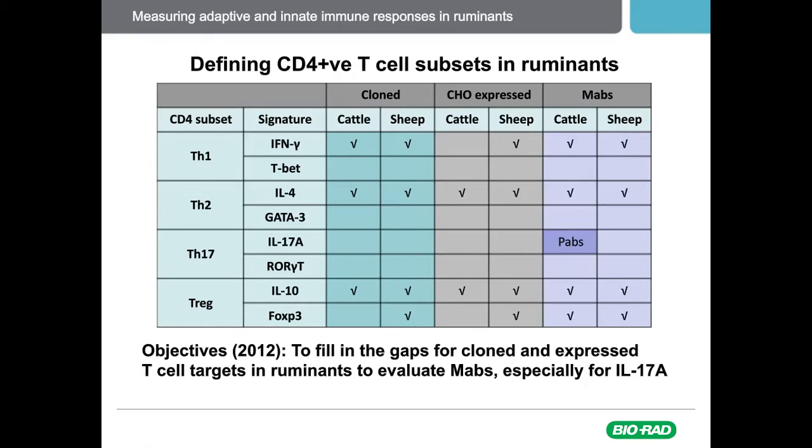We really didn't have very much at all in terms of interleukin 17, and our ability to look at transcription factors was certainly very limited, and really only to FOXP3, which is the transcription factor for regulatory T cells.